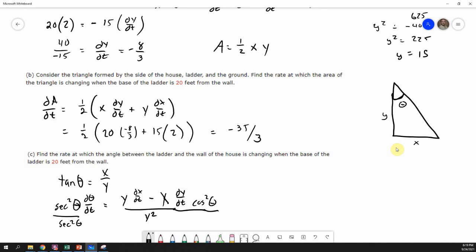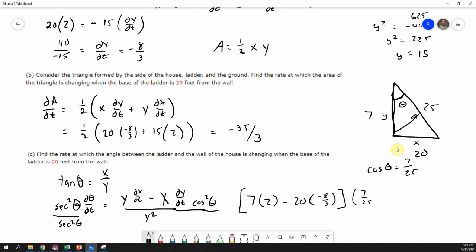So over here, I know my values of x and y. So x was 20, y was 7. That means this is 25, right? So cosine theta is adjacent over hypotenuse, 7 over 25. So I can now plug in every one of my values. So y was 7, dx/dt was 2, minus x, which is 20, times dy/dt, which was negative 8 thirds, and all of that times 7/25 squared, right?